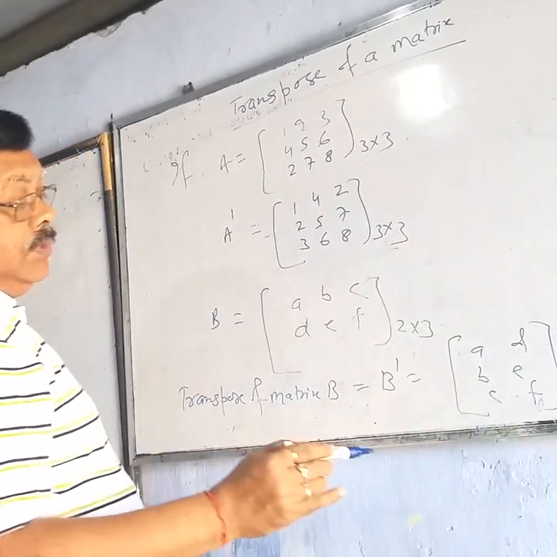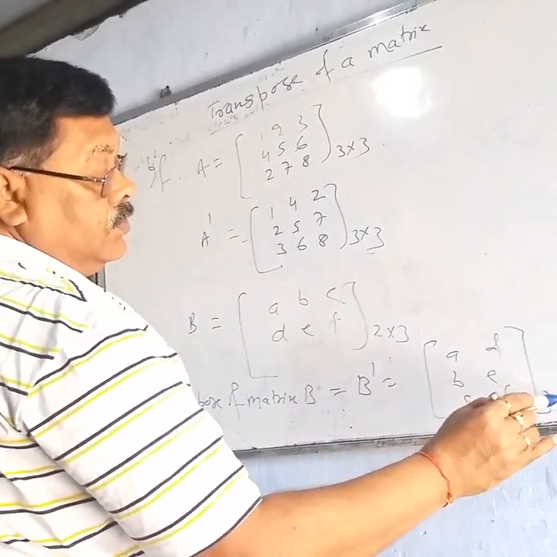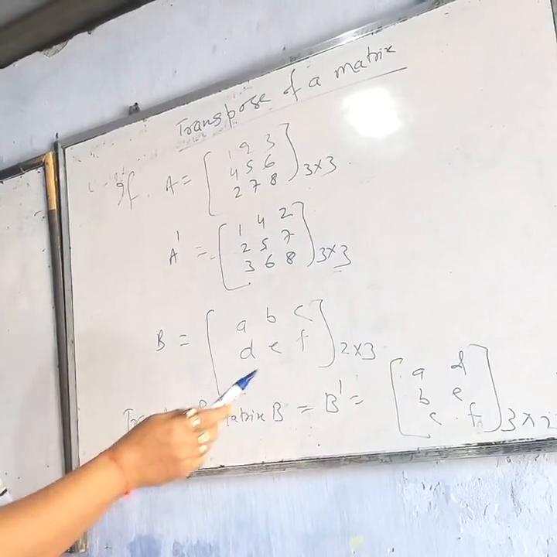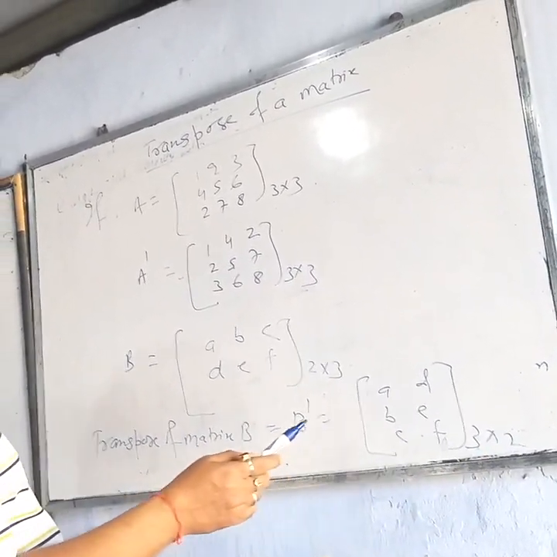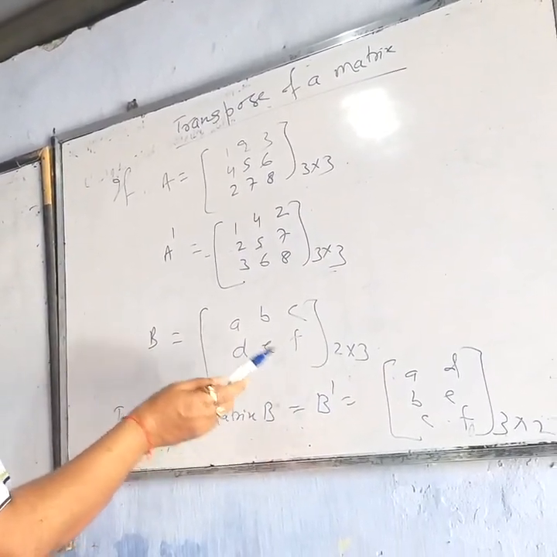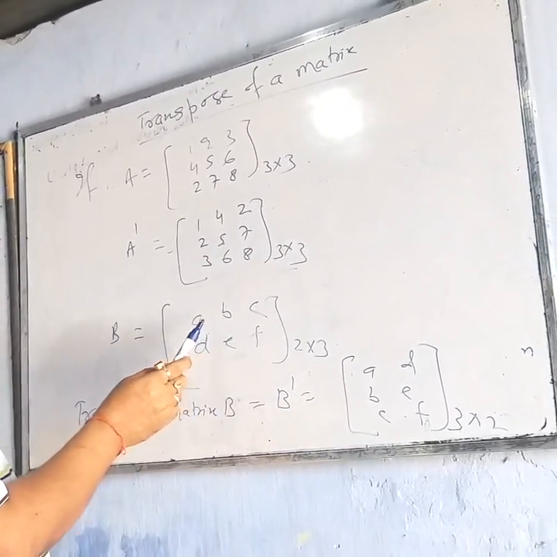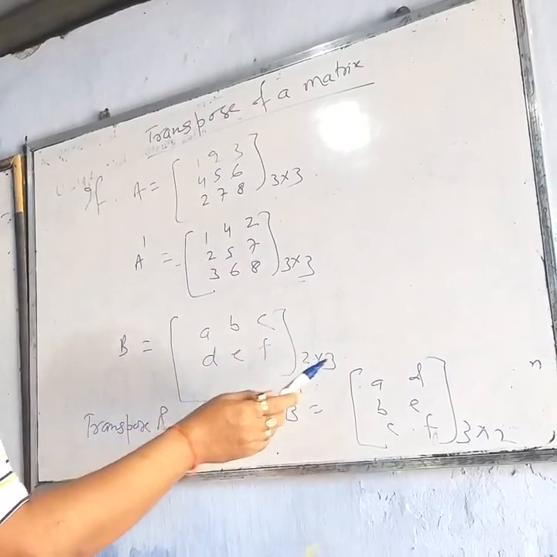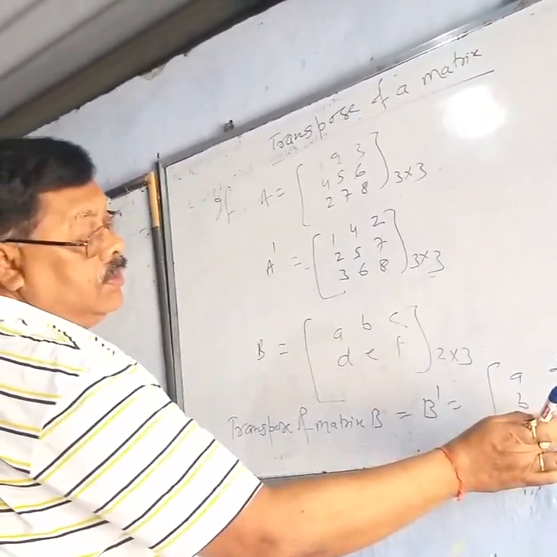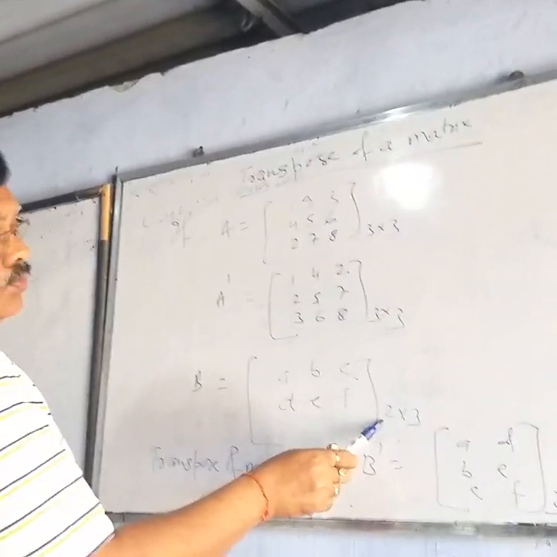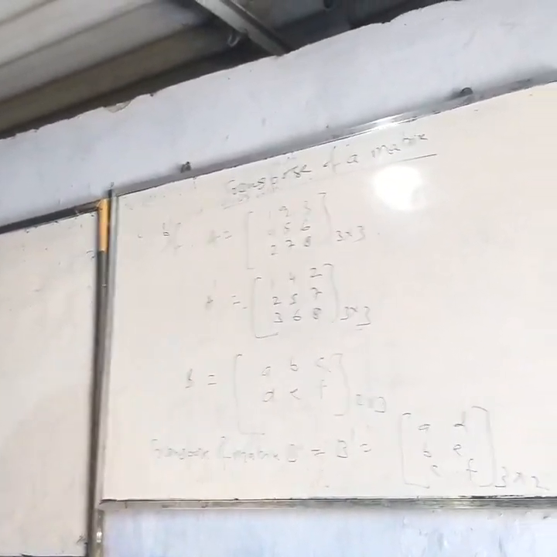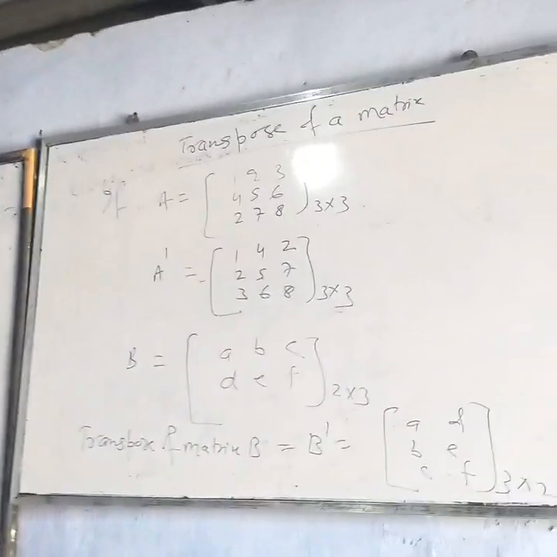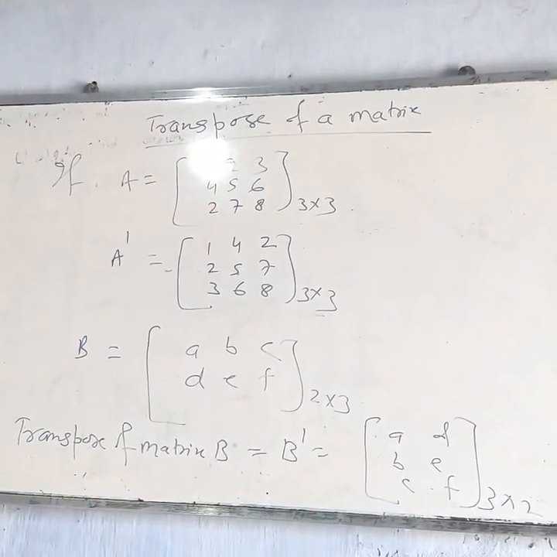So order will be 3 rows, 2 columns. There is 2 rows, 3 columns, it will be 3 rows, 2 columns. This is the transpose of B matrix. So rows will be converted into corresponding columns and order will be interchanged. It is 2 by 3, now it is 3 by 2. In this way you can write transpose of a matrix.